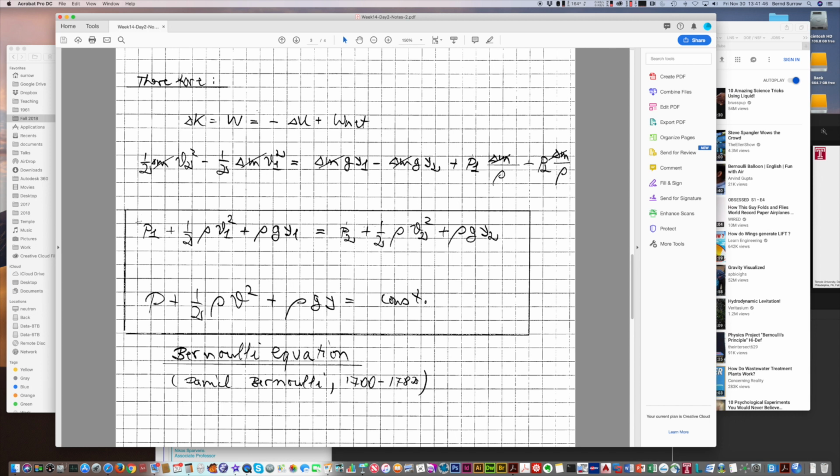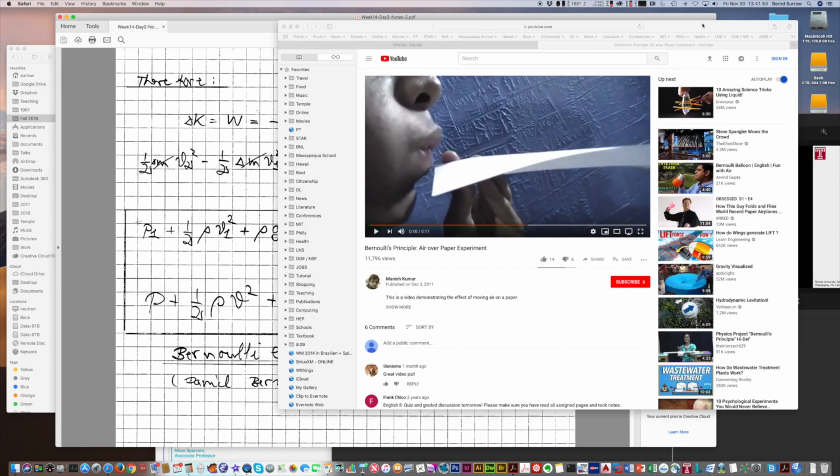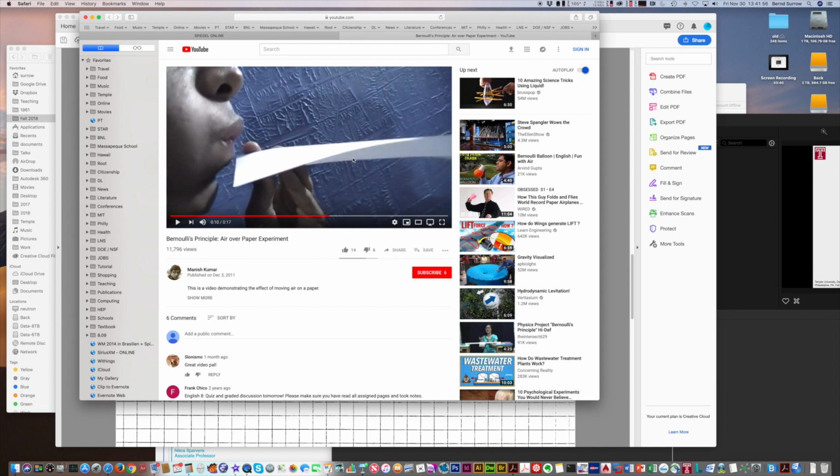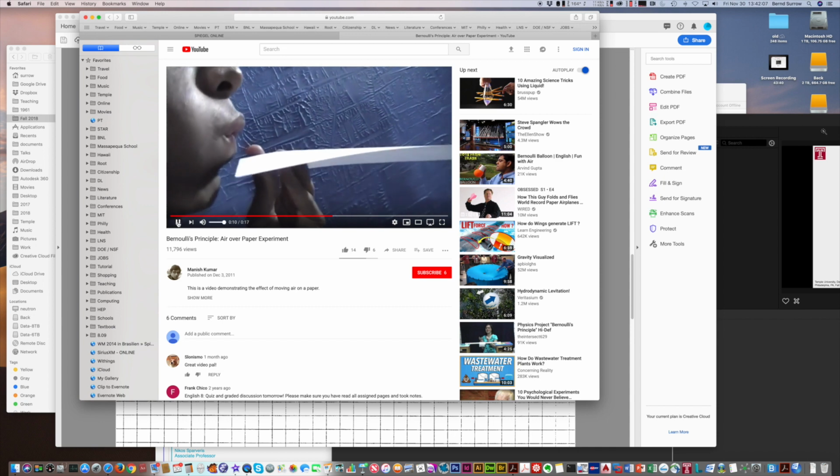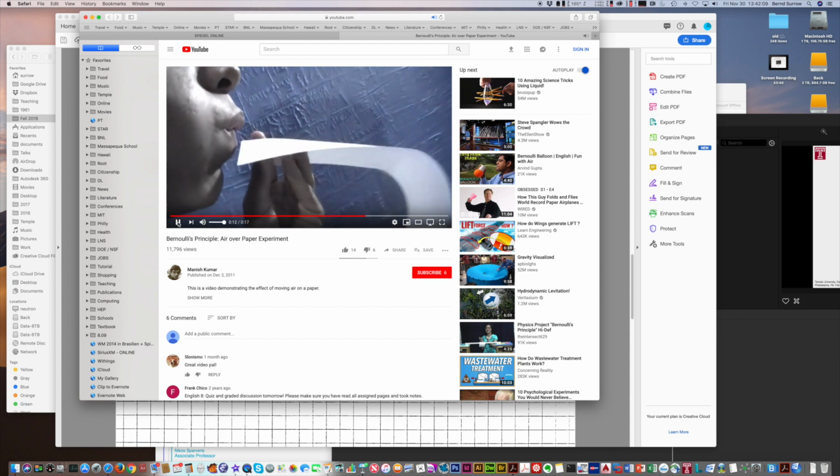Therefore this gives rise to a pressure difference. Namely, the pressure on the top is smaller than the pressure on the bottom. Pressure is force divided by area. So therefore this gives you an upward lift force, pressure times area upward. And this is exactly what you see here. Blowing on the top gives you an upward lift.